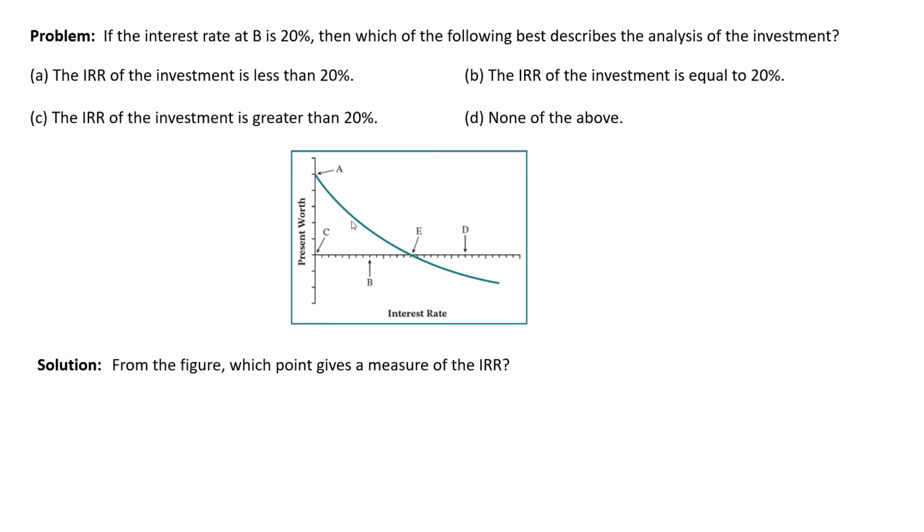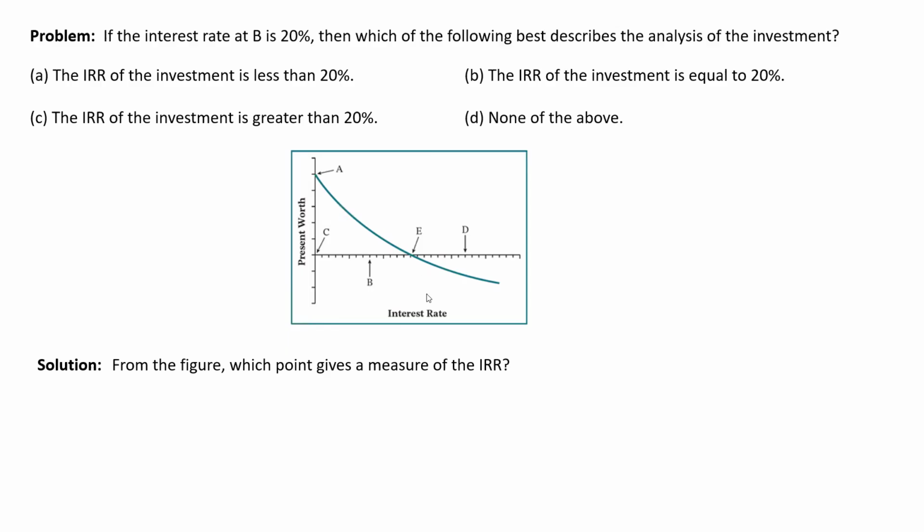And as I keeps increasing, at some point the present worth becomes 0. Now, isn't that what we are looking for? So on the graph, IRR is this particular abscissa value, x value. Cool.